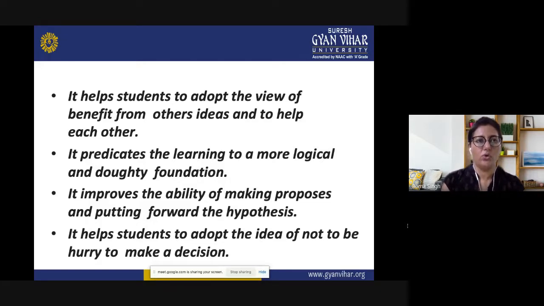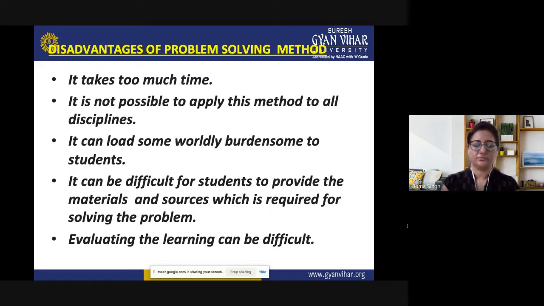They should know what they will be achieving if they make some hypothesis, some assumptions. It helps students to adopt the idea of not being hurried to make a decision, because they will take their time, they will analyze, they will try to synthesize, then only they will make a decision.